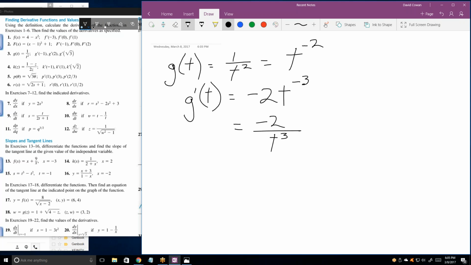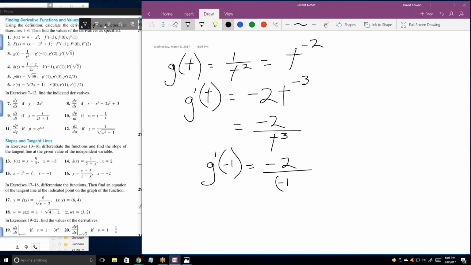Now what's g prime of minus 1? Would that be negative 2? No. G prime of minus 1. If you try to do the whole problem at once, you can make a mistake quite easily.